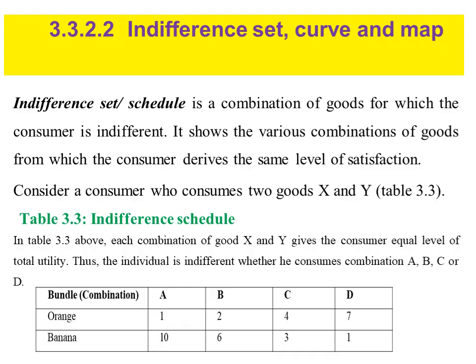So the individual is indifferent whether he consumes combination A, B, C, or D. That is what the indifference schedule or indifference set shows. The combinations give the same satisfaction, so you are indifferent, or you face a dilemma choosing which one is best.